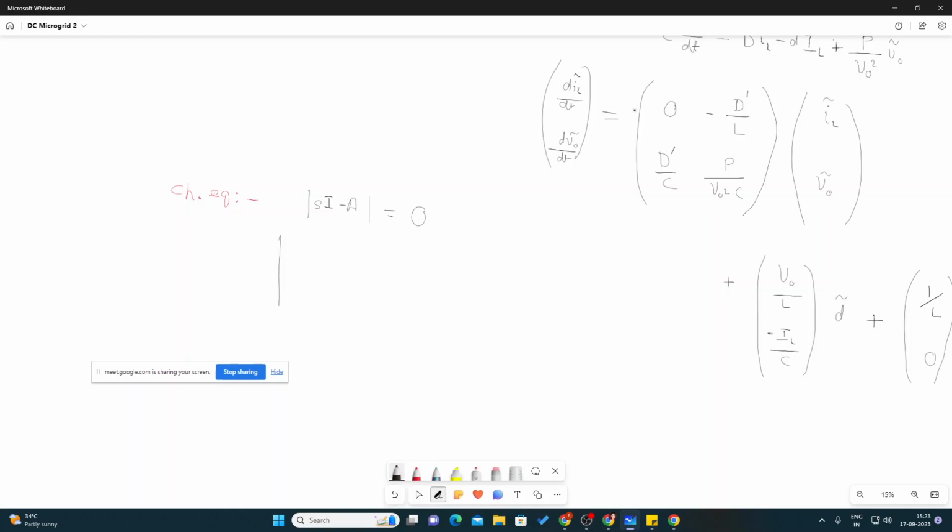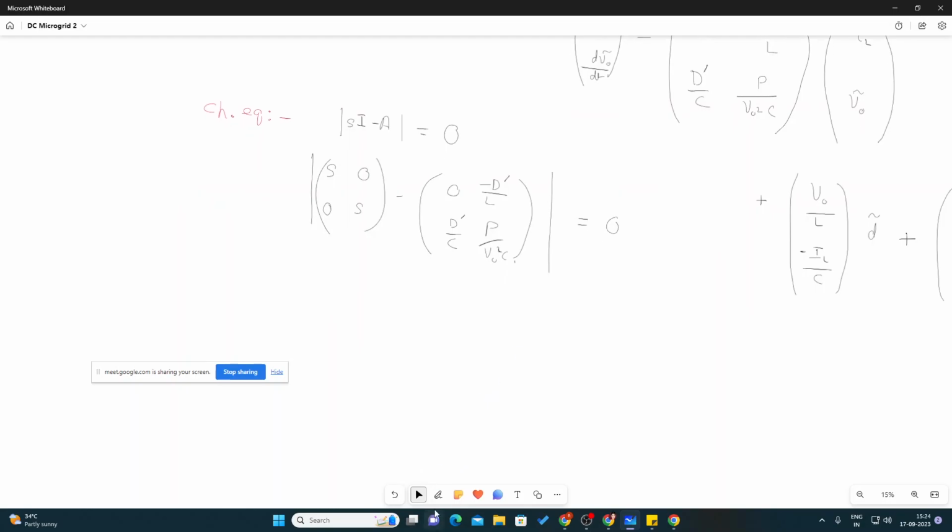Okay, let's do this. So we have a 2 cross 2 matrix. So we have S 0, 0 S, minus the matrix with entries 0, minus d dash by L, d dash by C, and P by V naught square C, mod equals 0.